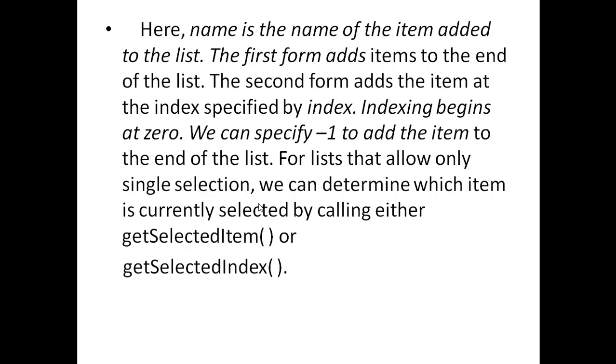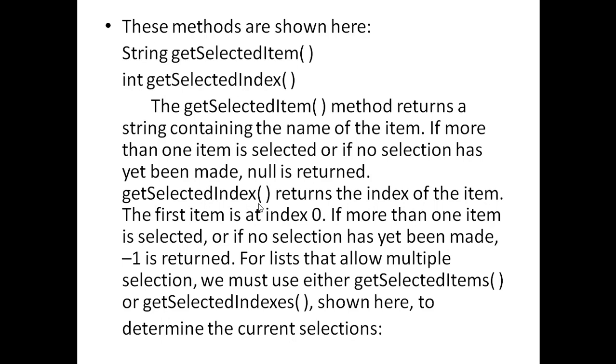For lists that allow only single selection, we can determine which item is currently selected by calling either of the following methods, getSelectedItem or getSelectedIndex, same like the choice control's methods. These are: String getSelectedItem() and int getSelectedIndex(). The getSelectedItem method returns a string containing the name of the item.